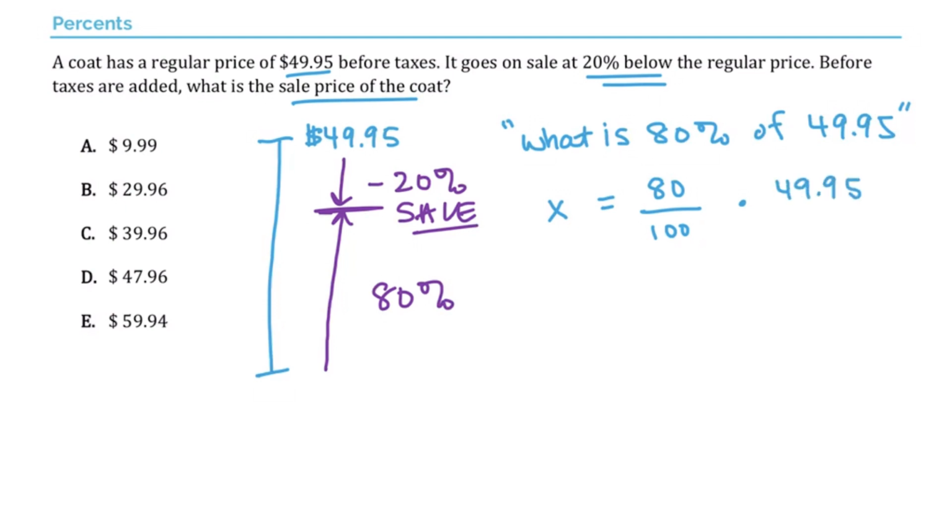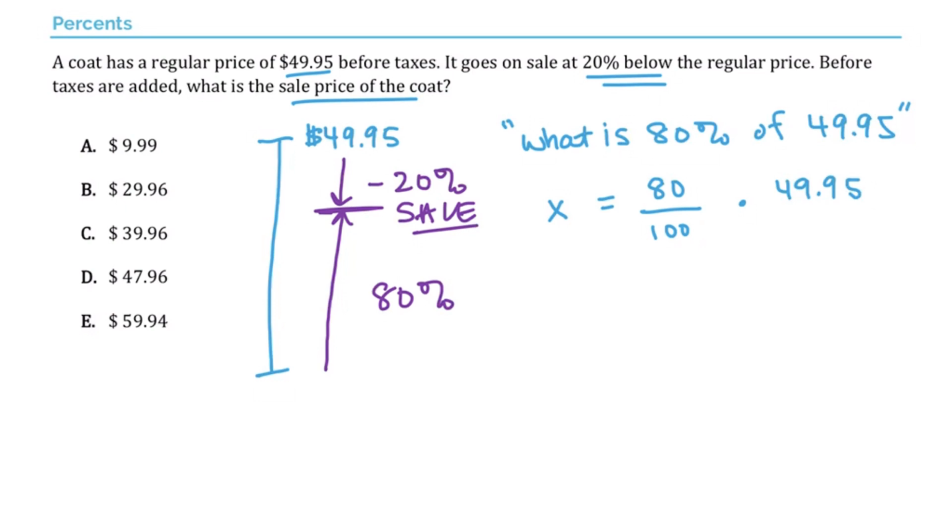So what we have just done, I'm going to refresh for a second: a 20% discount is the same thing as keeping 80%. A 30% discount would be keeping 70%. A 40% discount would be keeping 60%, right? These add up to 100%, which is the original price.